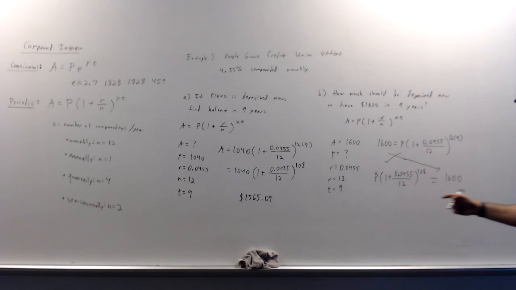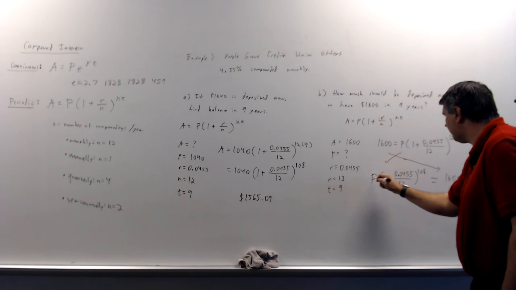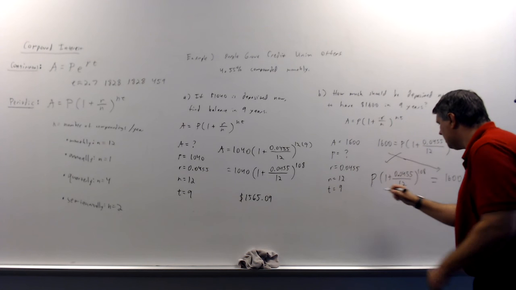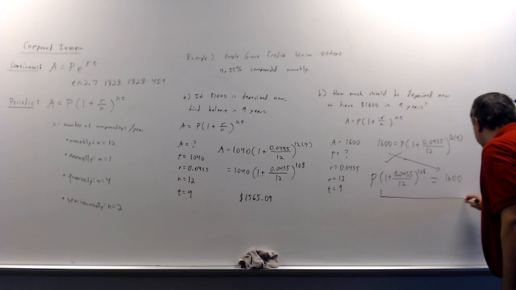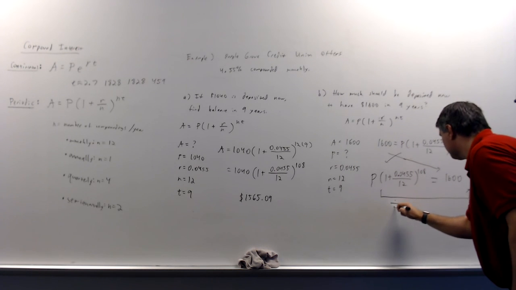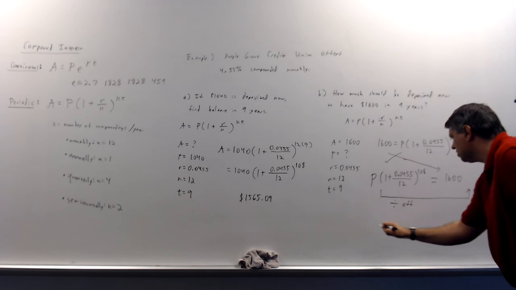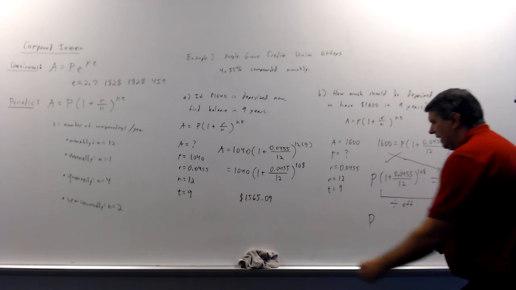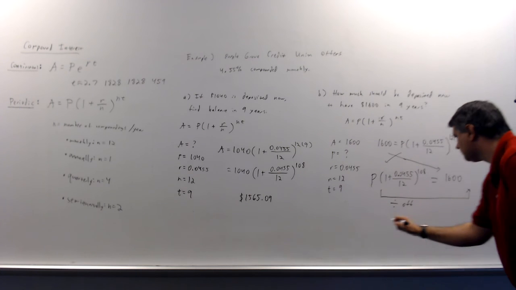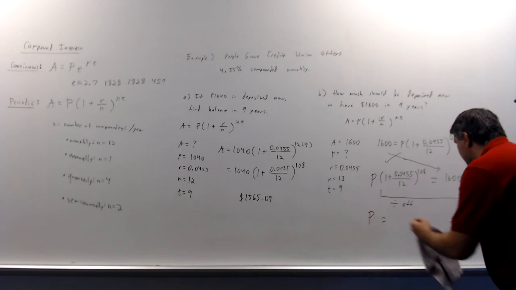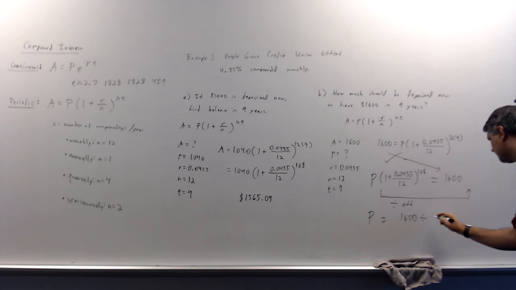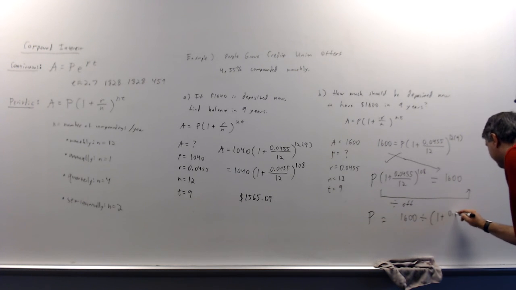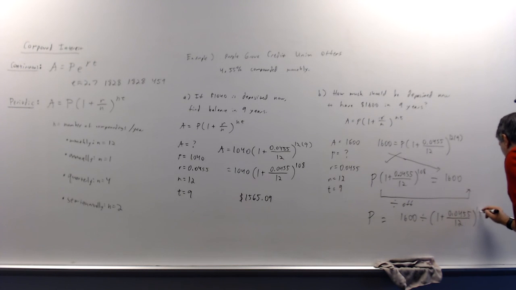My dream is to divide this off, because I've got P times a whole bunch of stuff. So I'm going to divide off that whole bunch of stuff. So P equals the 1600 divided by 1 plus 0.0455 divided by 12 to the 108th power.